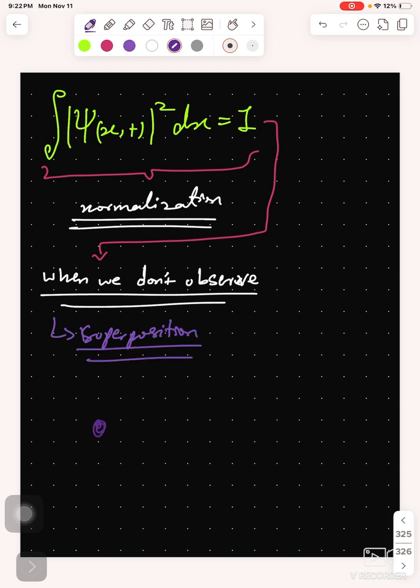So I would be saying the particle exists here, here, here. Every single place you can think of, it would be there.